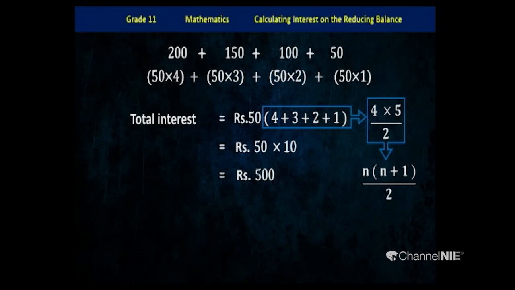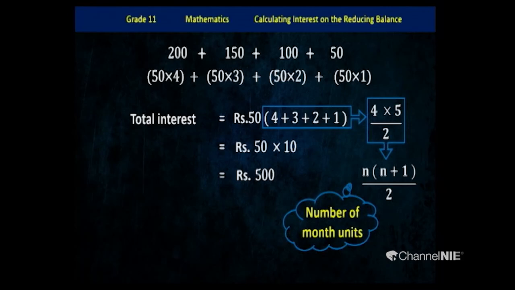Therefore, n is 4. n plus 1 means 5. 4 into 5 divided by 2. They give it as number of month units. Now earlier you studied this formula for triangular numbers. Don't forget it. You have to remember the same formula can be used to find number of monthly units. Okay?